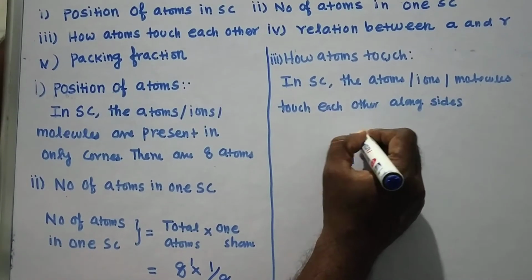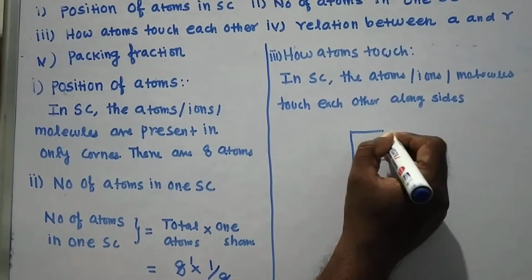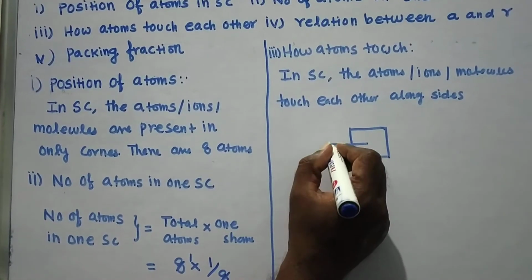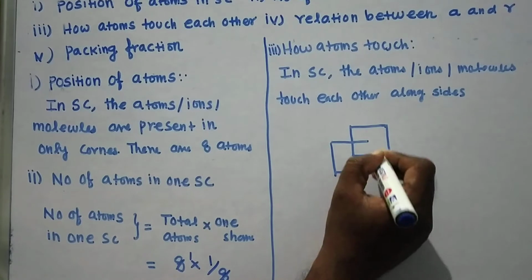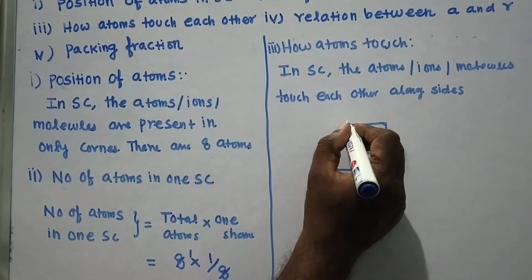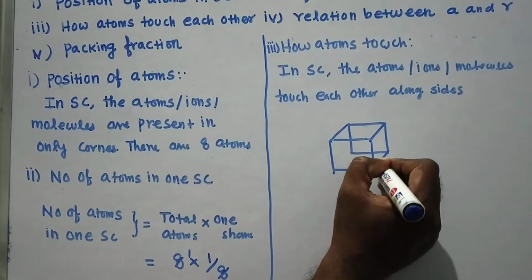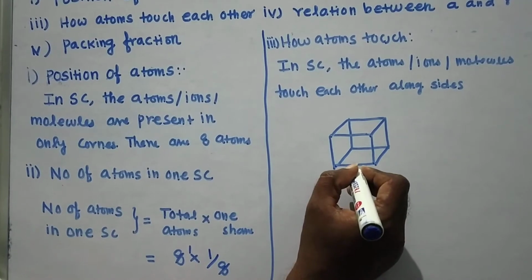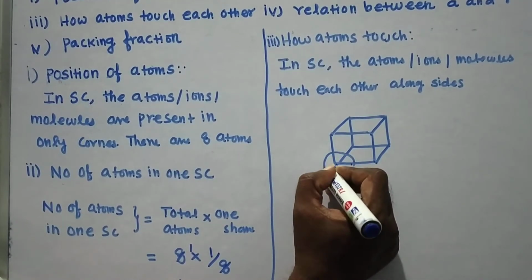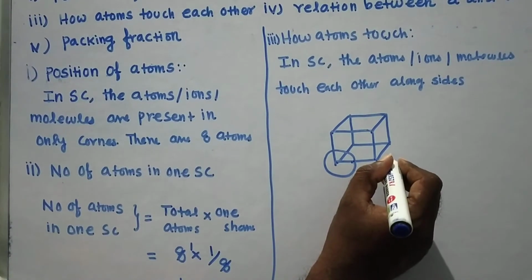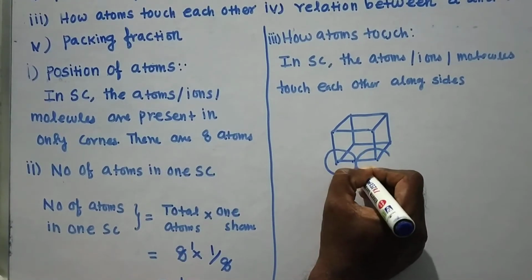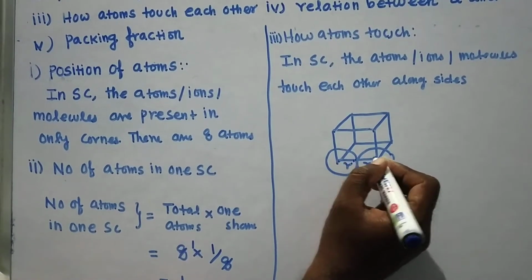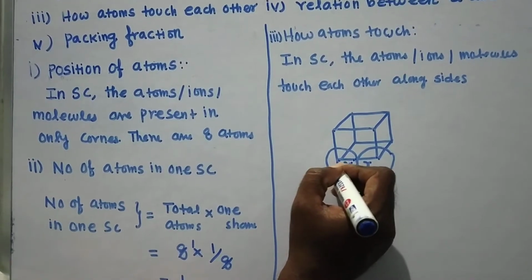graphically, this is a simple cubic structure where atoms are present at the corners only. Therefore, they touch each other. So this is R and this is R. Okay, then we are going to look at the corners.